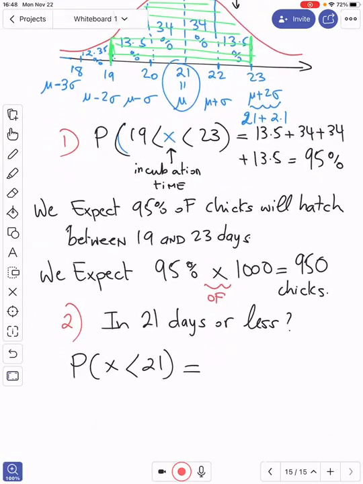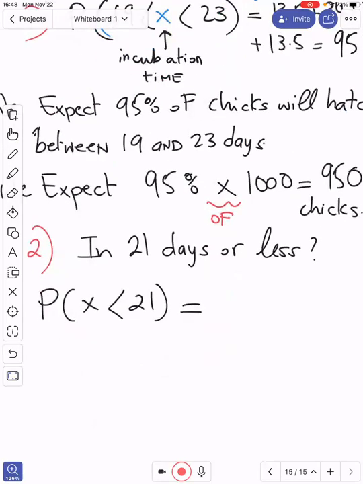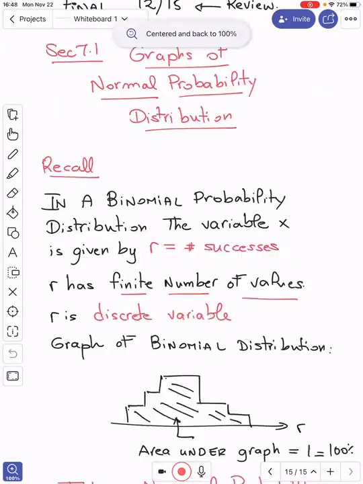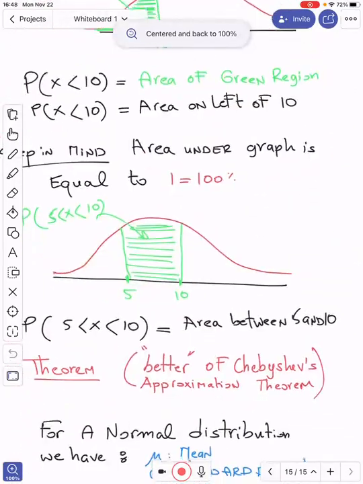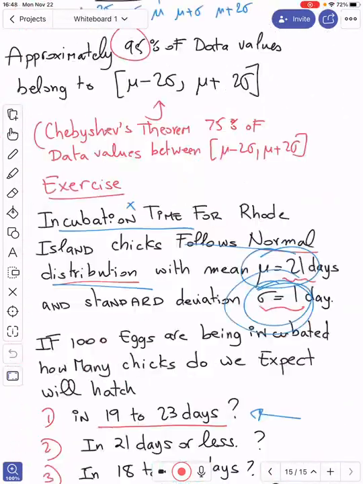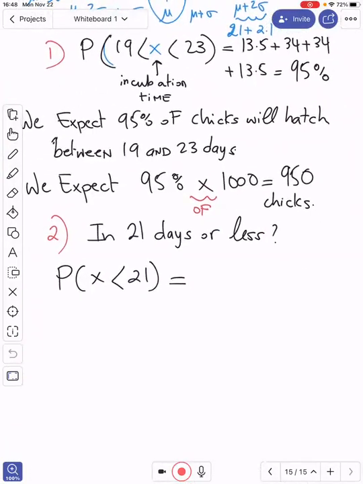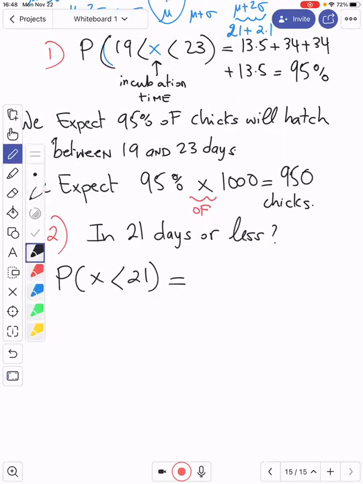When I say 21 days or less, it means less than or equal to 21 days. So your incubation time, which is the variable x, is less than or equal to 21. Again, x is your incubation time.